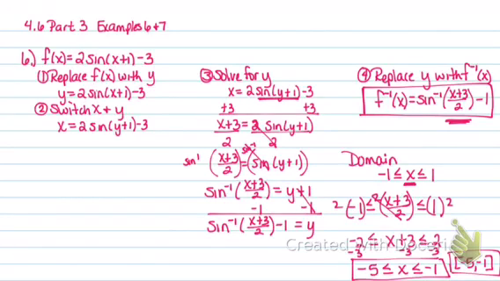Okay, so for our last one, example 7, it's really just like this except it's dealing with cosine instead of sine. So if you don't have all that down, make sure the video is paused so that you can get it, because I'm about to erase it all.